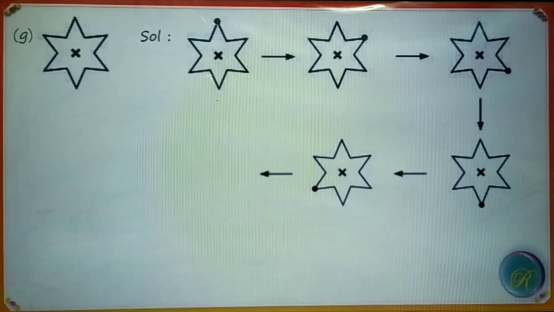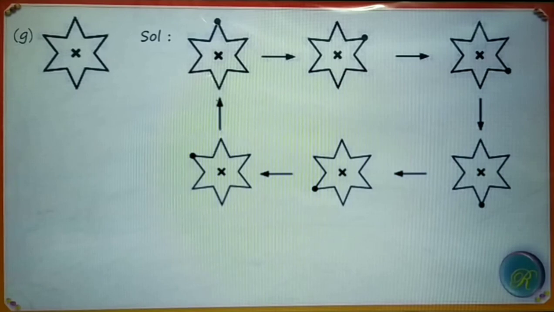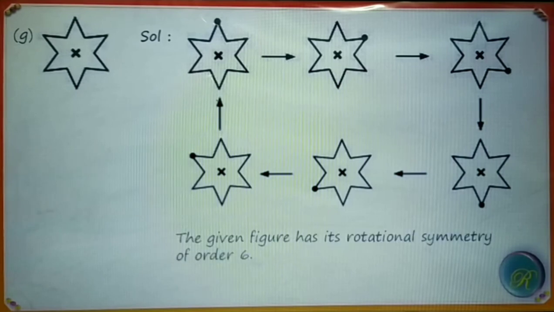Again, 60 degrees, then we will get this figure. Again, 60 degrees, the next position will be like this. Again, by 60 degrees, the next position will be like this. Once again, about 60 degrees, we will get the original figure. Therefore, the given figure has its rotational symmetry of order 6.